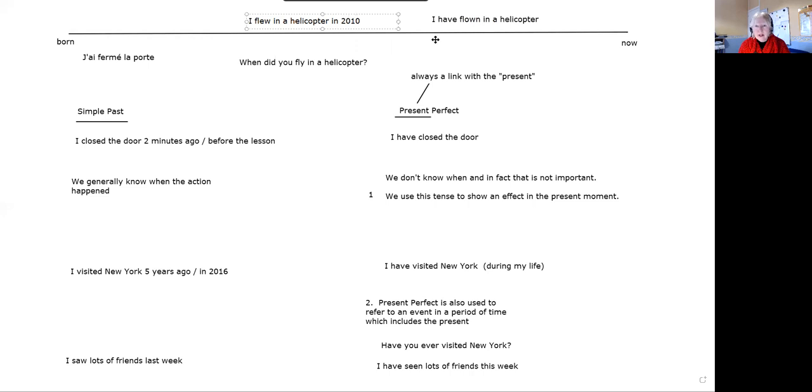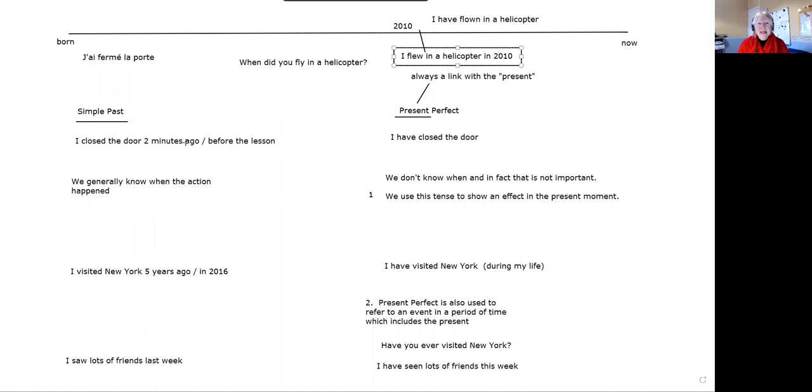So let me move that to, let's say, about there. And at that point, that event is anchored in the past. Let's say it's anchored in the year 2010. When you use the tense, I flew in a helicopter, yeah, that is then an event which is fixed. And that's why we use the simple past.